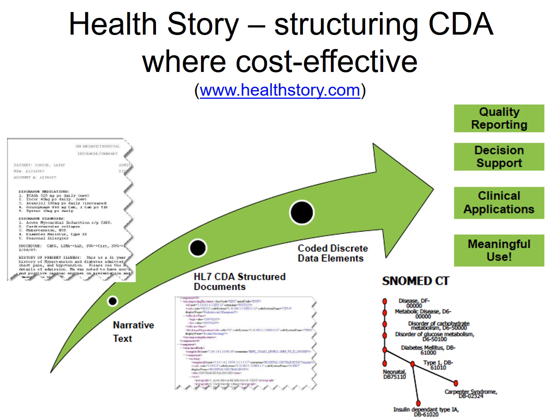The second level is to begin to structure the documents with the reusable templates described in the previous slide, and then ultimately that third level of having coded discrete data elements. An example here shows SNOMED CT concepts elaborated out within the CDA document. And then the purpose of all of this structuring of documents is to allow functionalities such as quality reporting, decision support, clinical applications, and meaningful use.